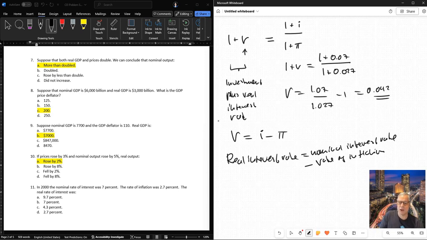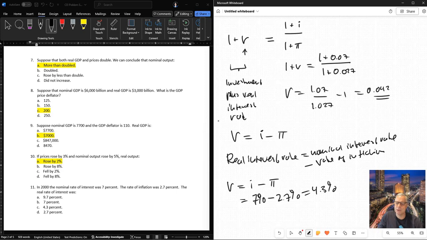So now R equals I minus pi. R is the real interest rate, I the nominal, pi the rate of inflation. So this is 7% minus 2.7%, which is 4.3%.